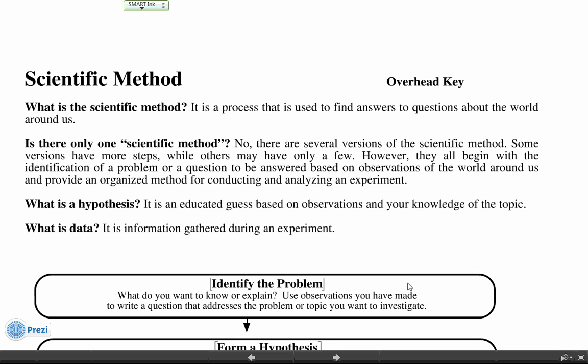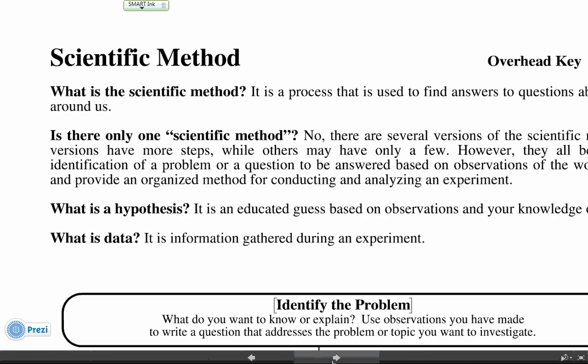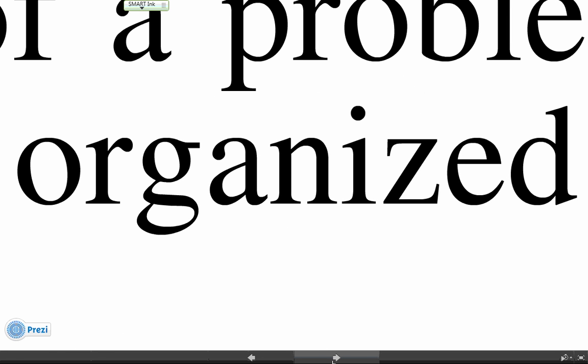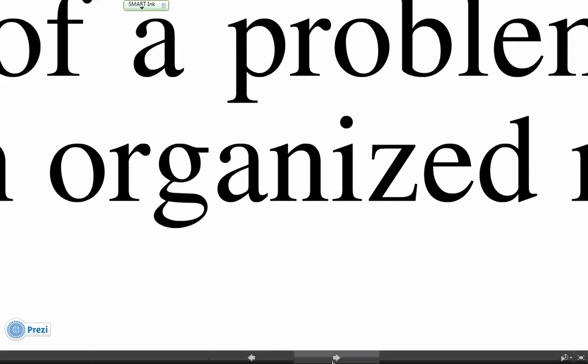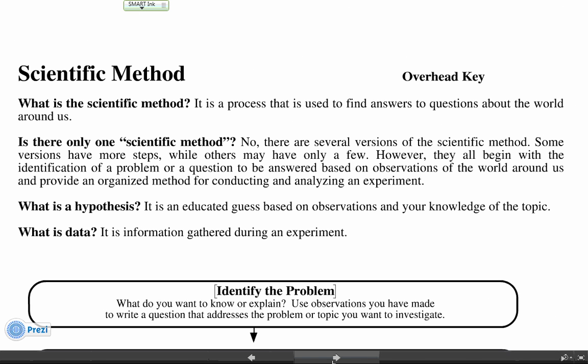They provide an organized method for conducting and analyzing an experiment.